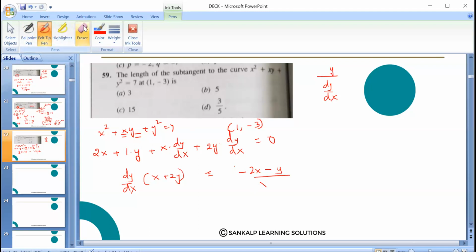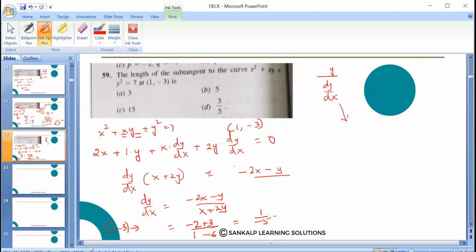So dy by dx is minus 2x minus y by x plus 2y. But at 1 comma minus 3, dy by dx will be, x is 1, y is minus 3, 1 by minus 5. That is dy by dx.